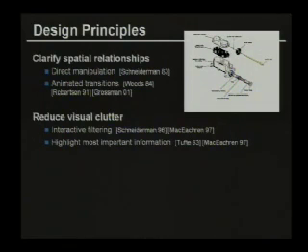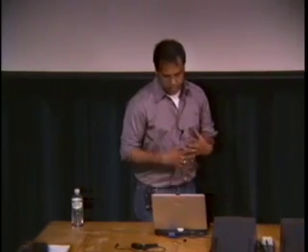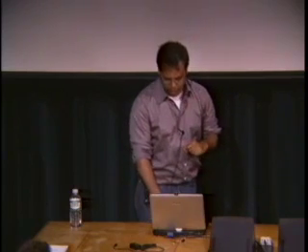You can interactively filter and just expose the parts of the diagram that you're most interested in. And finally, you can highlight the things that you're interested in. So if I drag on a particular part, that part can highlight, or maybe that set of parts that it's involved with can highlight. And so the two things here are clarifying spatial relationships and reducing visual clutter.